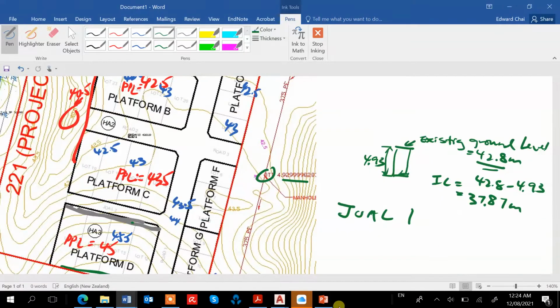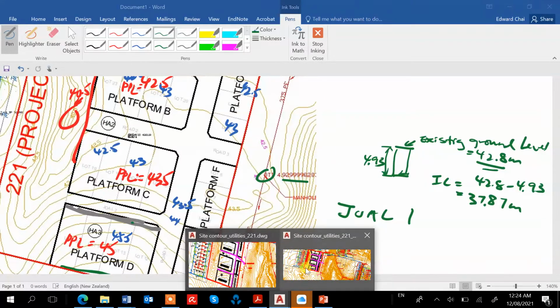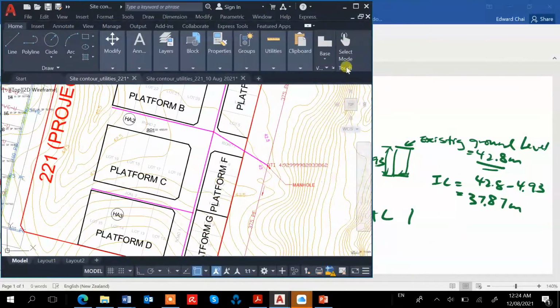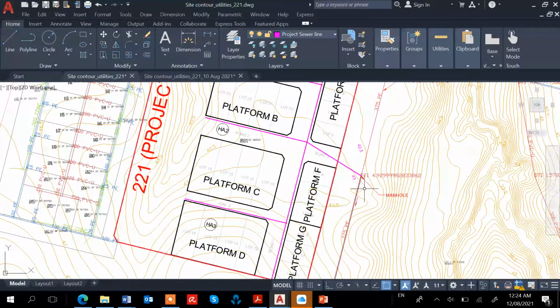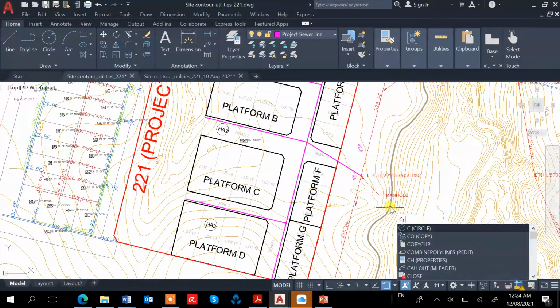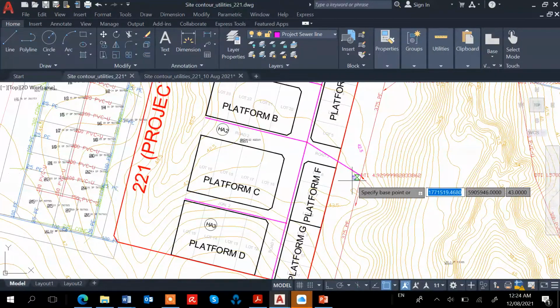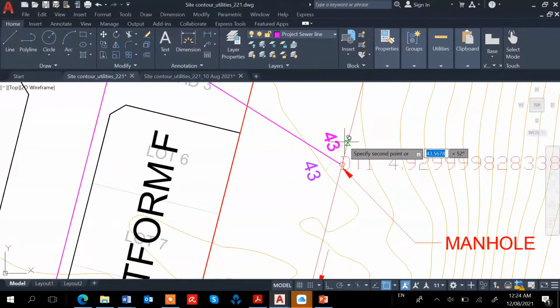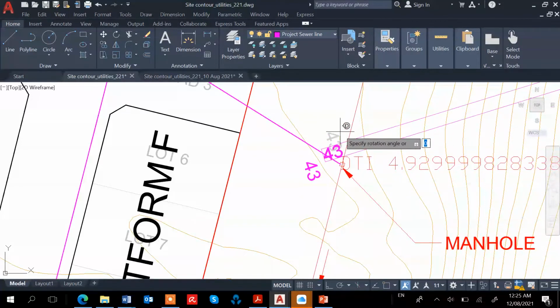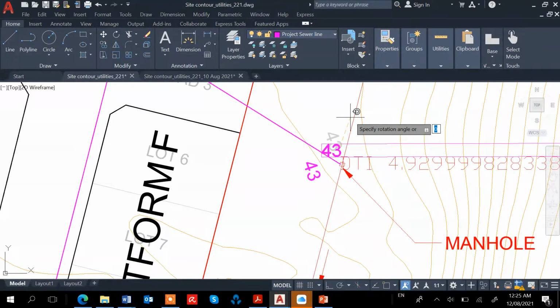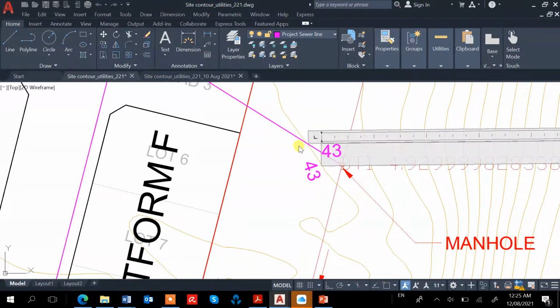Okay, if I put that value into the AutoCAD, let's copy this value here. Let's turn this off. I rotate it to the horizontal. I can use mtext, but I just do it this way. Make it smaller.